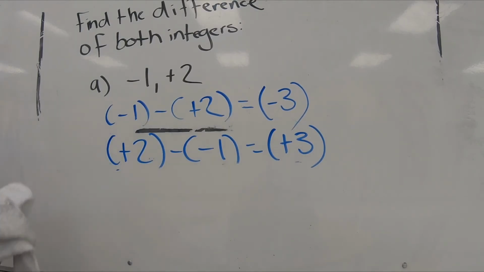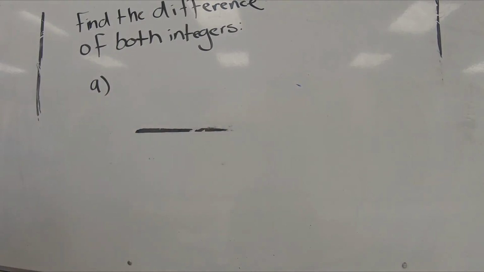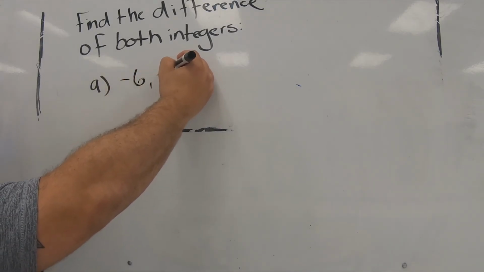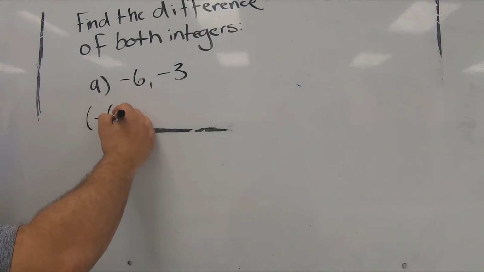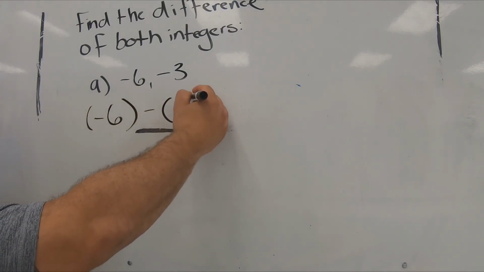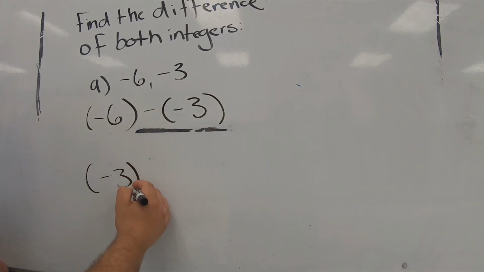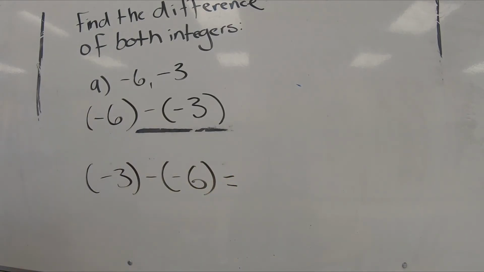Let's try one final question. This time we're going to do -6 and -3. The first way we can write this is -6 take away -3, and the other way we can write this is -3 take away -6. Remember our rule.